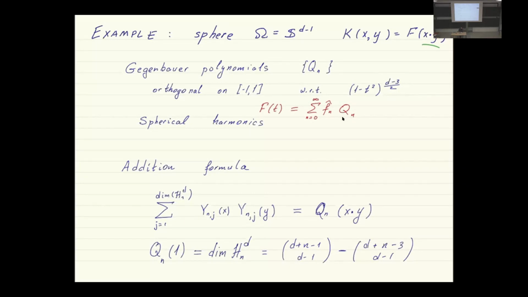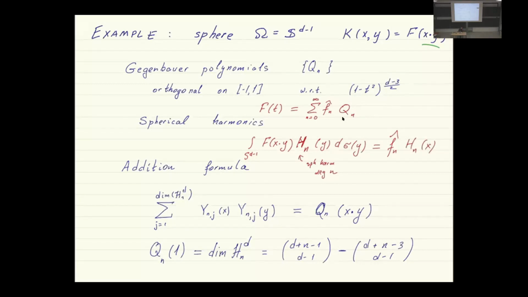So first of all, the fact that they are eigenfunctions of the Hilbert-Schmidt operator just follows from the so-called Funk-Hecke formula, which tells you that if you integrate f of x dot y with any spherical harmonic, let me call it h sub n, a spherical harmonic of degree n, that is just going to be the nth Gegenbauer coefficient of f times this spherical harmonic at x.